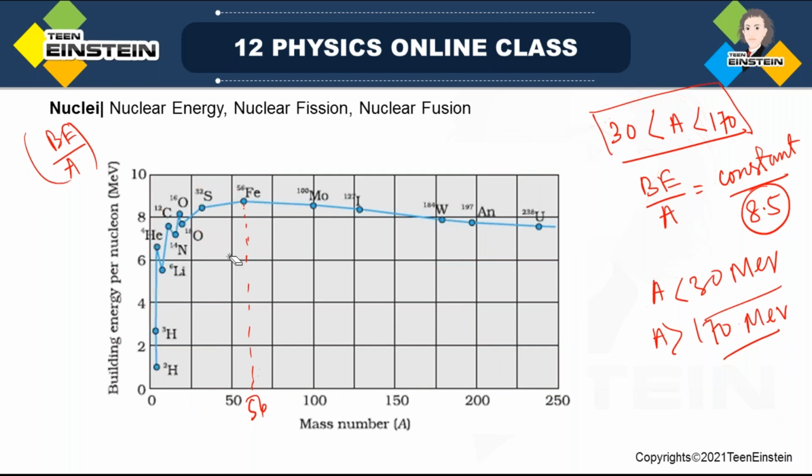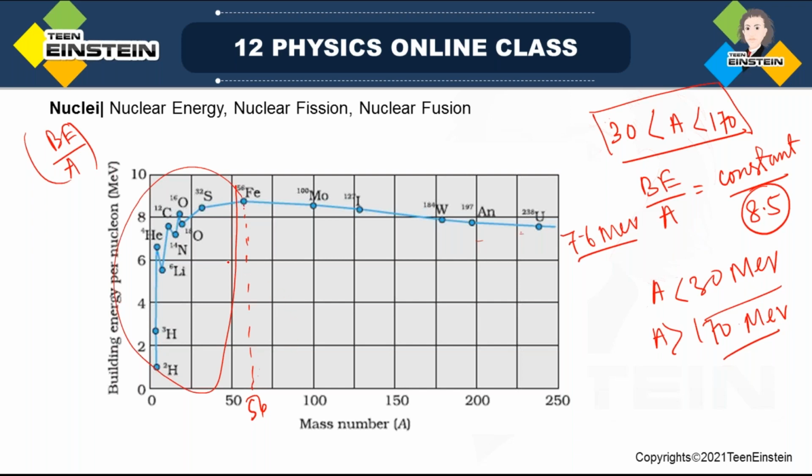You can see both sides have less binding energy, below 7. You can see here, up to here. Uranium has around 7.6 MeV. And in this region, it has binding energy even less.